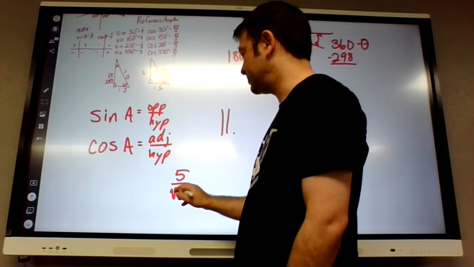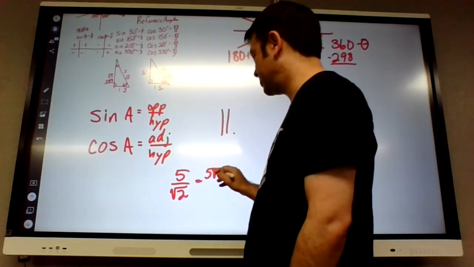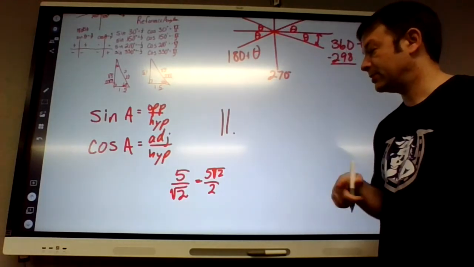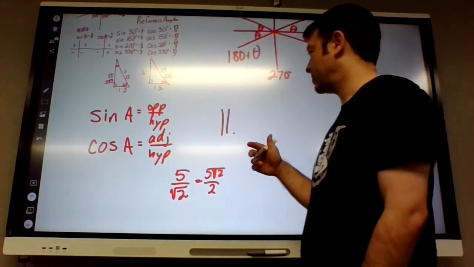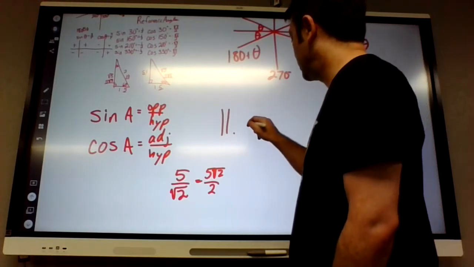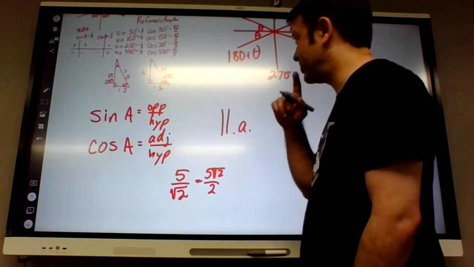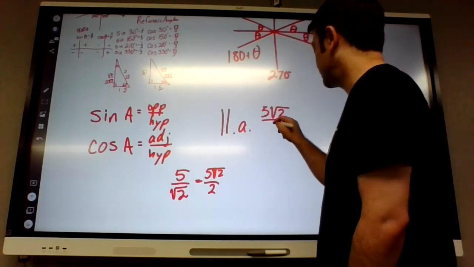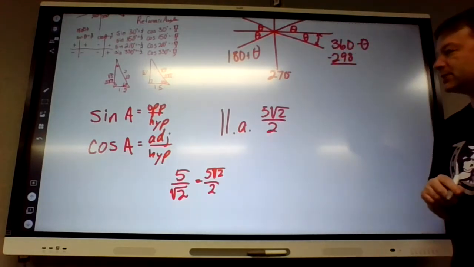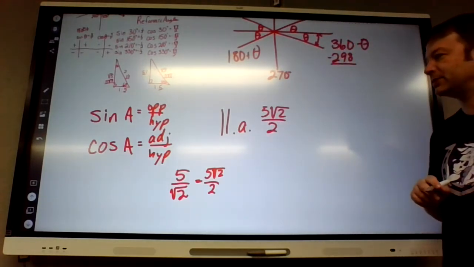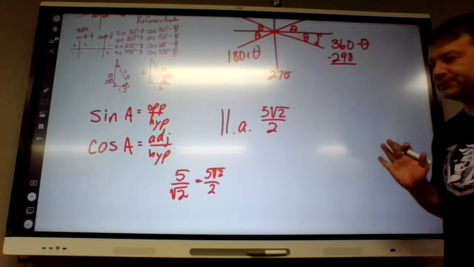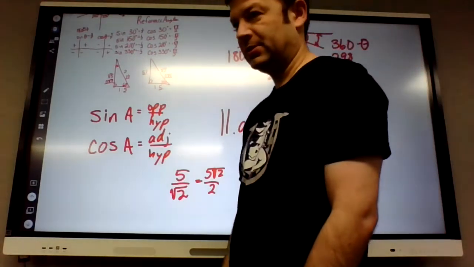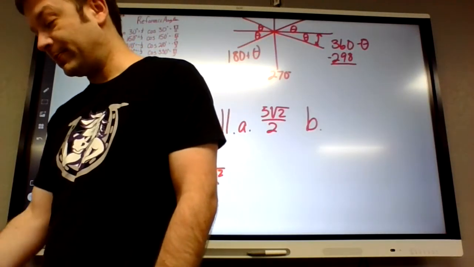Problem is, you're not supposed to leave a square root of 2 on the bottom. So you multiply top and bottom by square root of 2. Or let your calculator do it, or whatever. Anyway, is cosine positive or negative in the first quadrant? Positive. So that's it. Some of your calculators might be able to do this. So, if they can, I guess I'll just let it go. Some of yours probably can't. Or you might have to have it in the right setup for it to work.